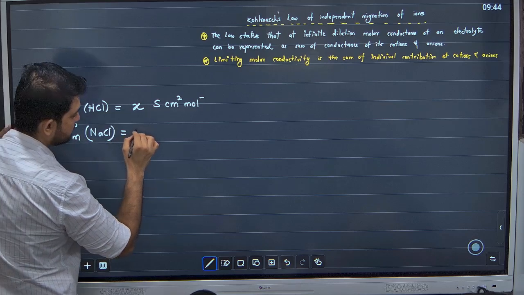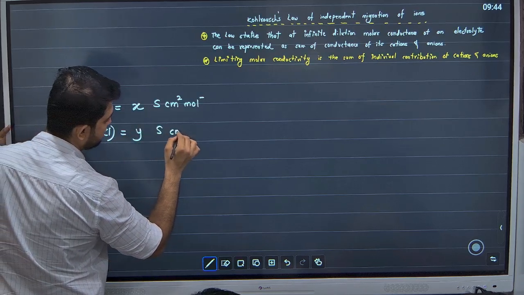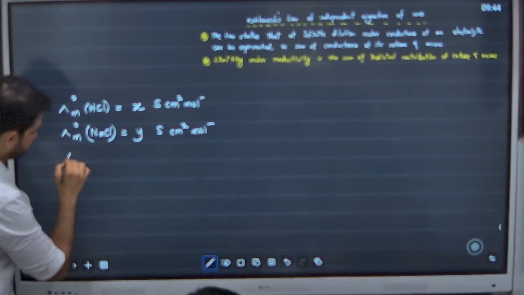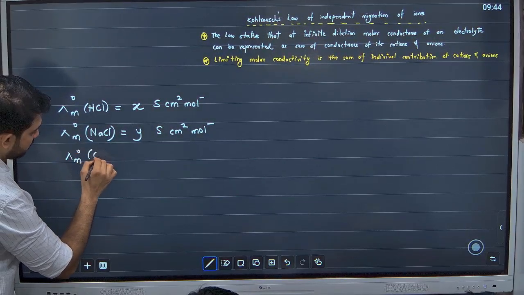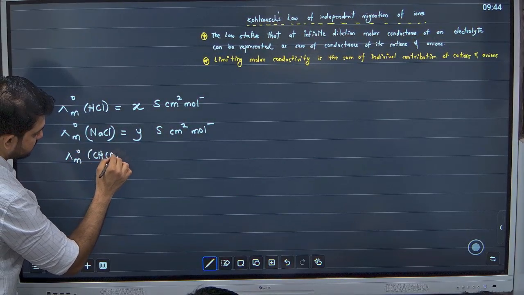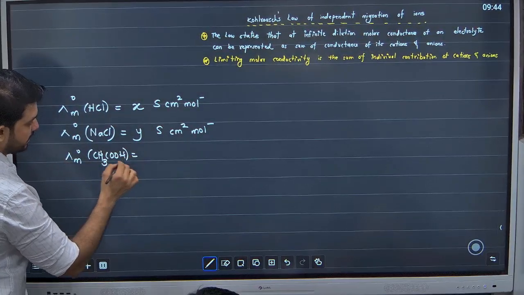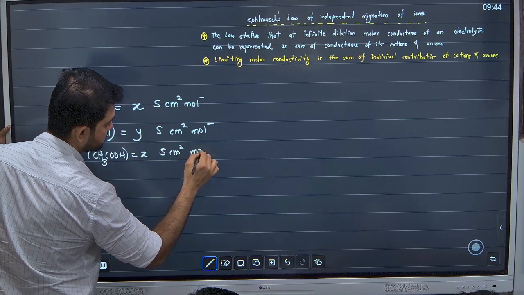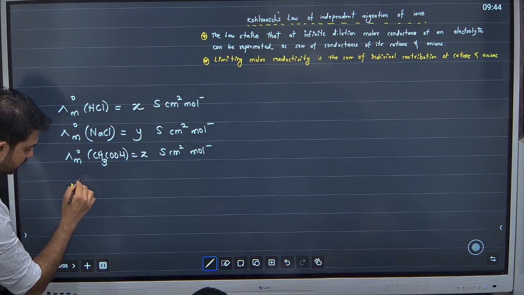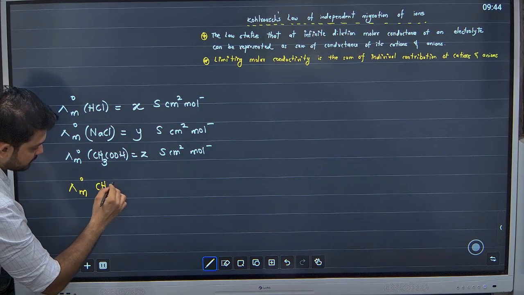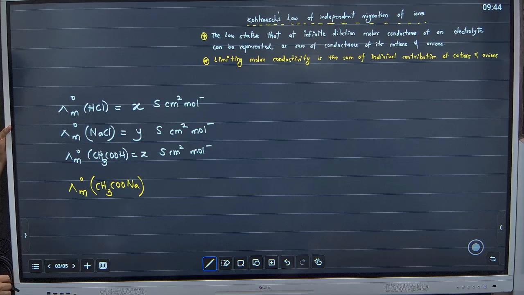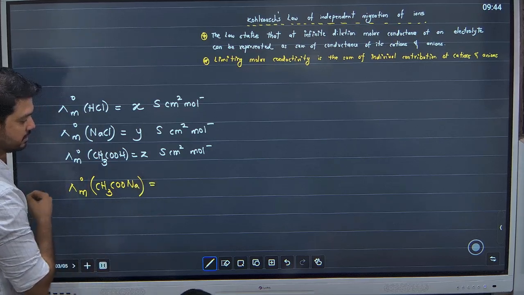Let's say that is Y Siemens centimeter square mole inverse. And I have the limiting molar conductivity for acetic acid or ethanoic acid, and let's say that is Z Siemens centimeter square mole inverse. Using this data, I can find the limiting molar conductivity for sodium acetate. How can I do that?